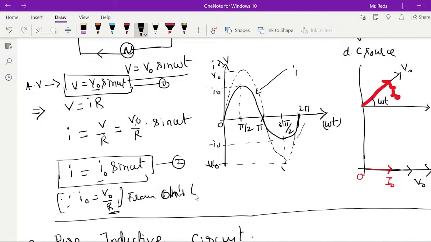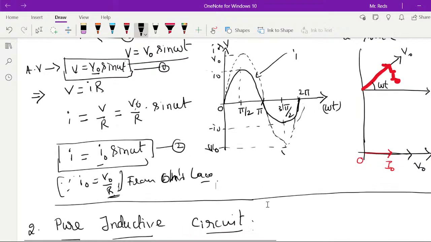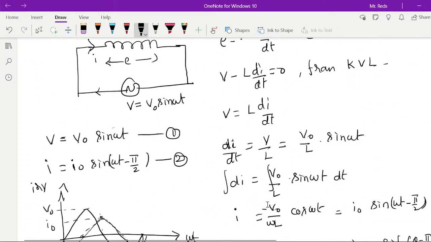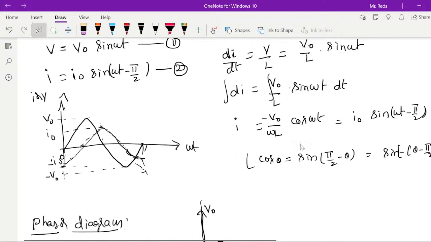Whereas in case of pure inductive circuit, if you observe, peak current or maximum current I naught, we have taken V naught by omega L as I naught directly, but we have not discussed anything about it.